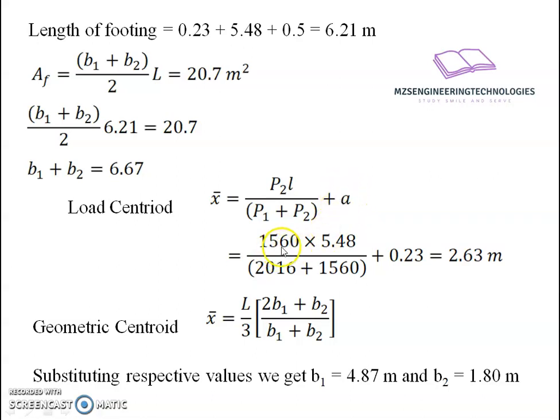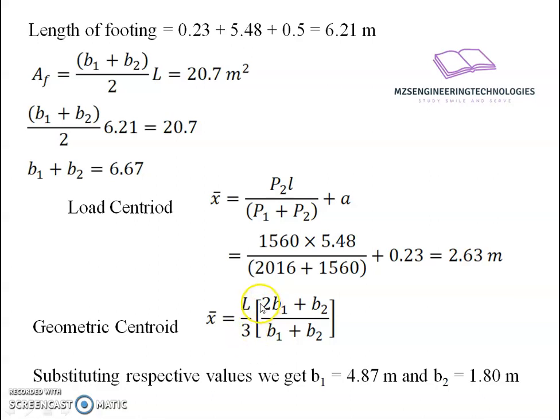So 1560 into 5.48, the load on the second column, which is at a distance of 5.48 from the first column, divided by the total load 2016 plus 1560, plus 0.23, half the width, it comes to be 2.63.